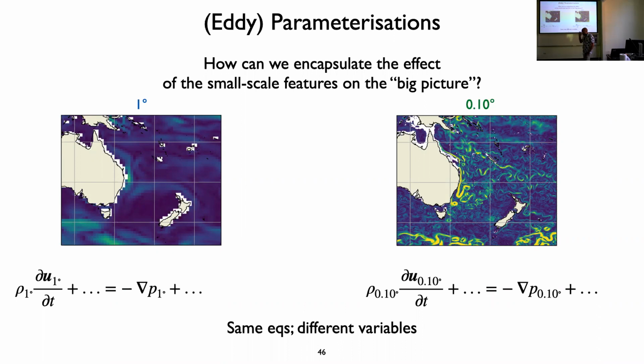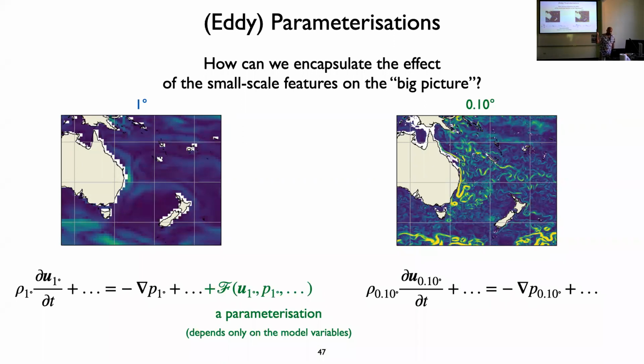So what we want to do is to find, by some magical way, some forcing that we will add to this model, and we'll make it look as much as possible like the high resolution one. This forcing has to depend only on the flow variables of the model itself.